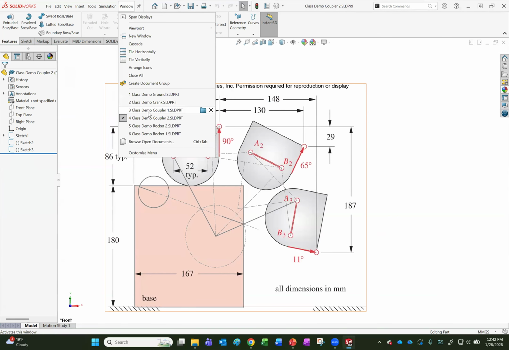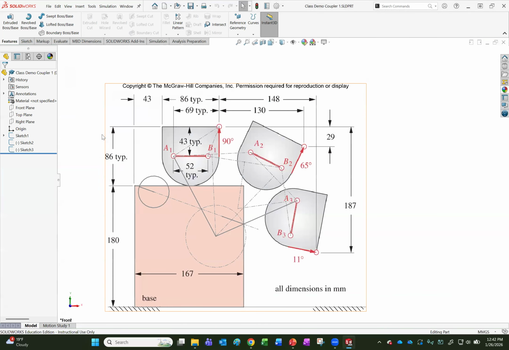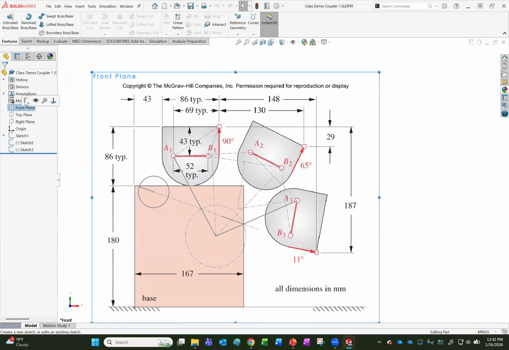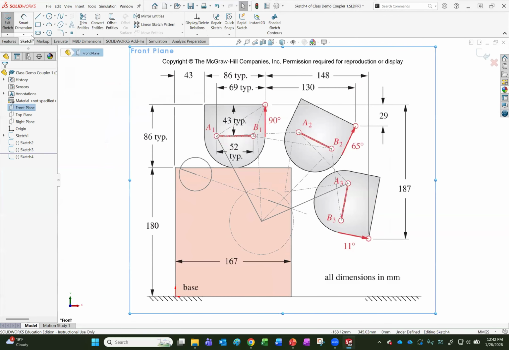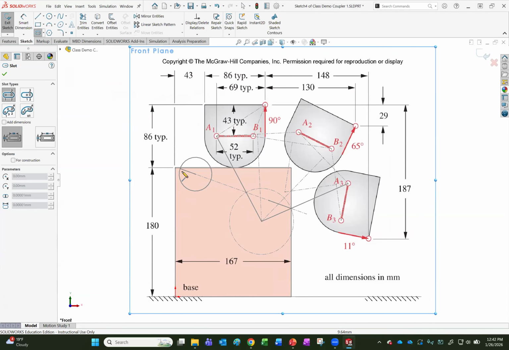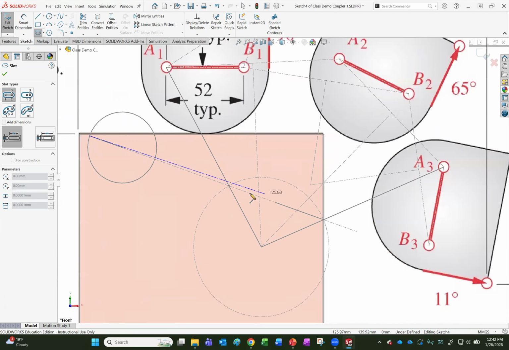Well, I was actually on coupler two. I'm gonna go coupler one. This is the one I usually consider coupler one, this guy between there and there, right?